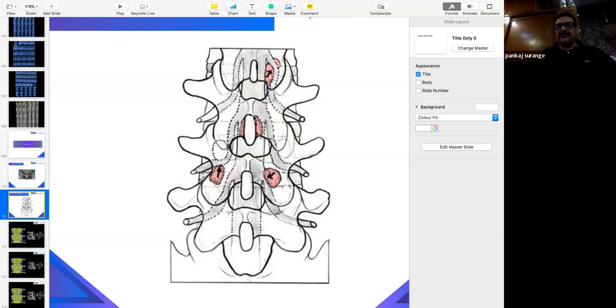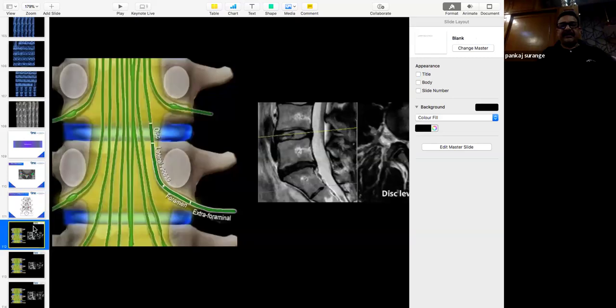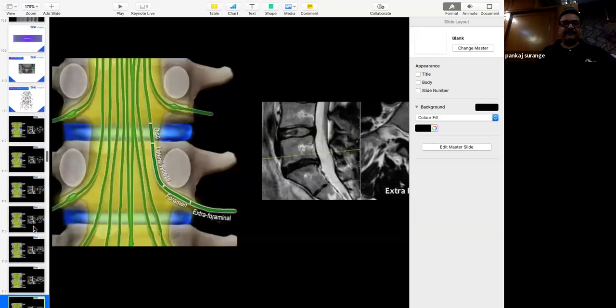What is compressed is the thecal sac. If it is paracentral herniation, the exiting root is spared, the traversing root gets compressed. If it is a foraminal herniation, the exiting root will get compressed, it will spare the traversing root, it will spare the thecal sac. Okay, but we must remember that it is not always like this.